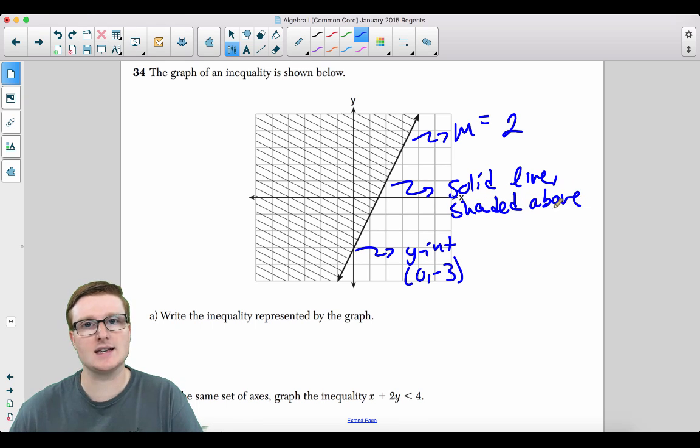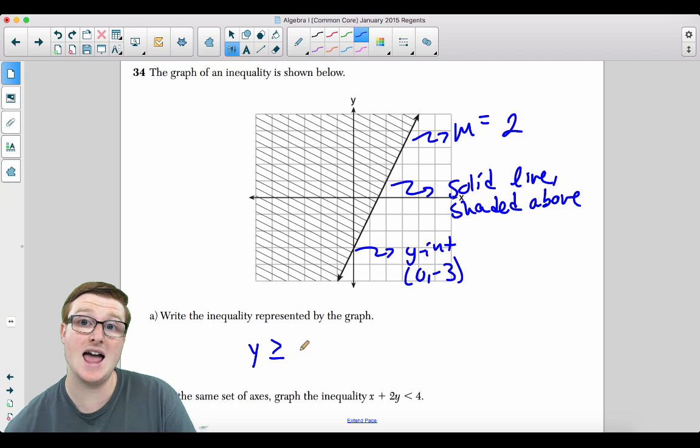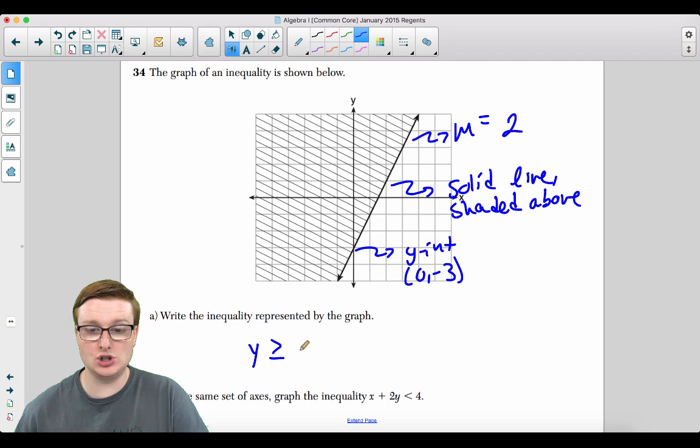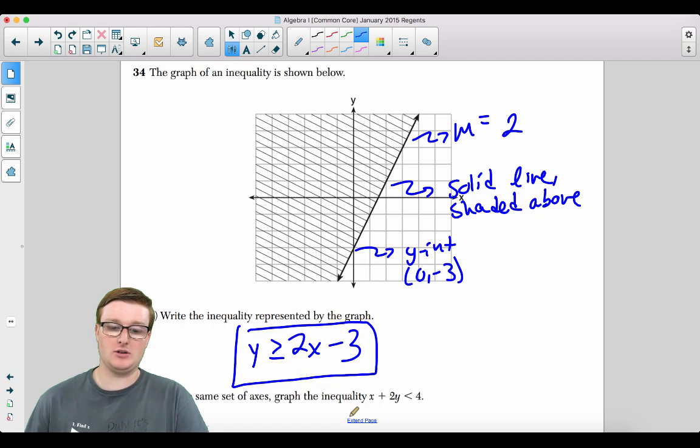So that tells us a lot of things. We know that this inequality is represented by y is greater than or equal to, because it's shaded above, and there's an equal sign because it's solid. So y is greater than or equal to 2x minus 3. That is the inequality that is represented by the graph.